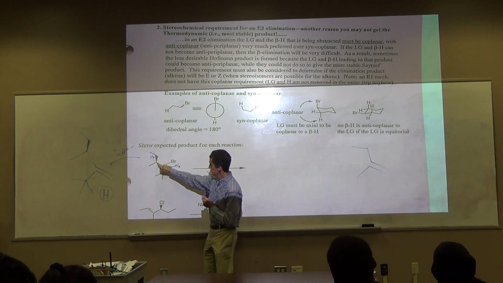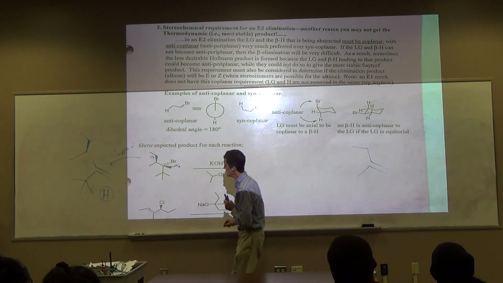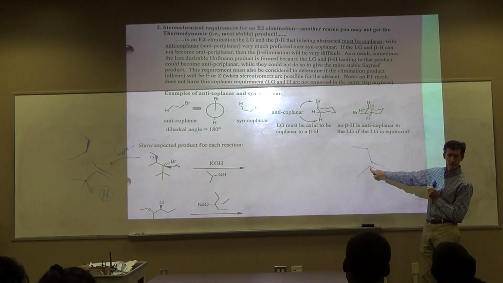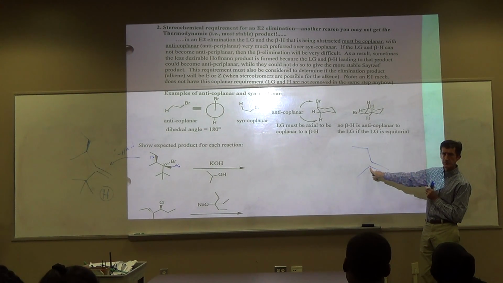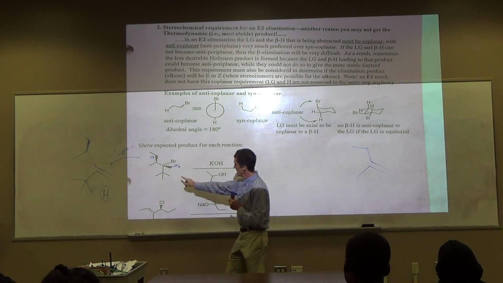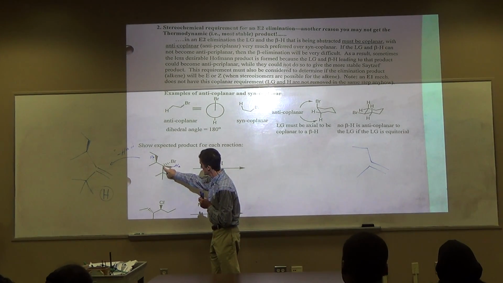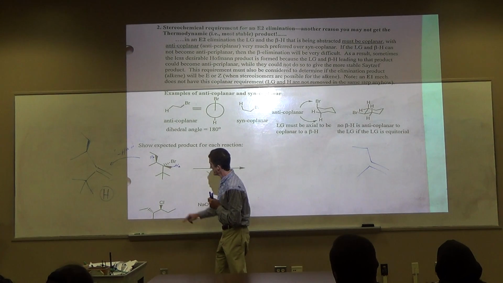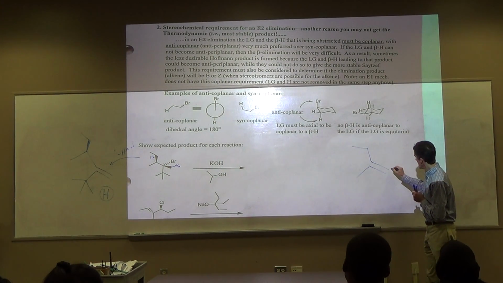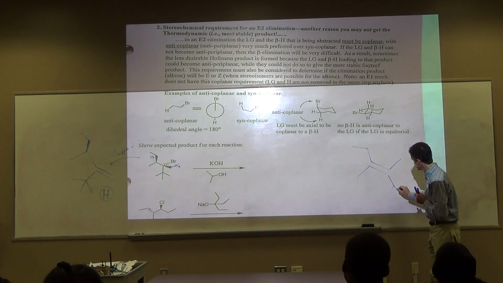This carbon over here has a methyl and an ethyl. But since it's now trigonal planar, there's no more stereochemistry. It's now planar. Nothing's going forward or back now. The carbon over here, which the leaving group is on, has what groups on it? A methyl and a tert-butyl.